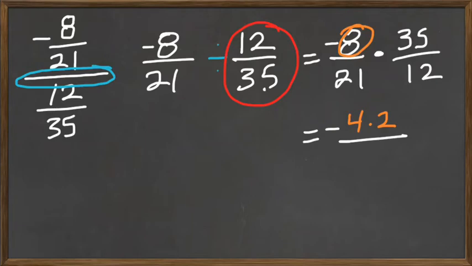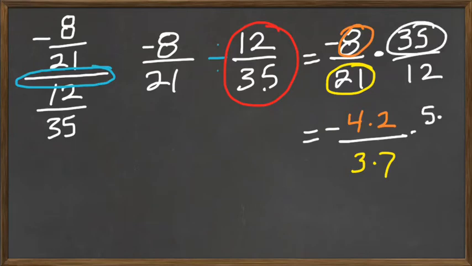The 21 I can rewrite as 3 times 7. The 35 I can rewrite as 5 times 7. And the 12 I can rewrite as 3 times 4.